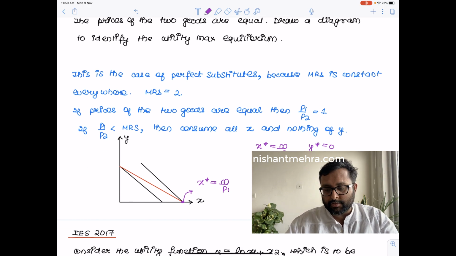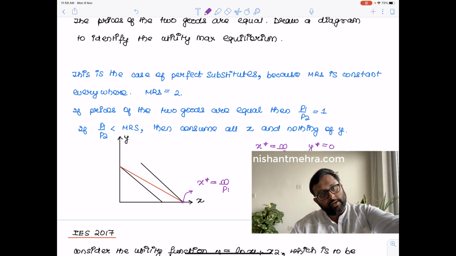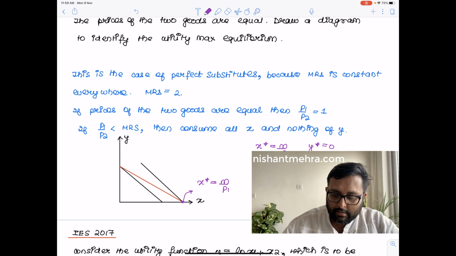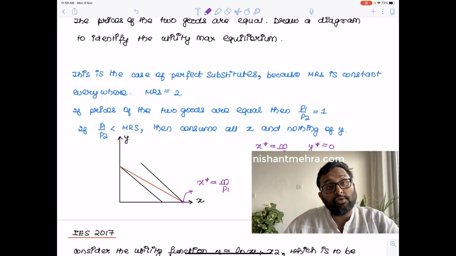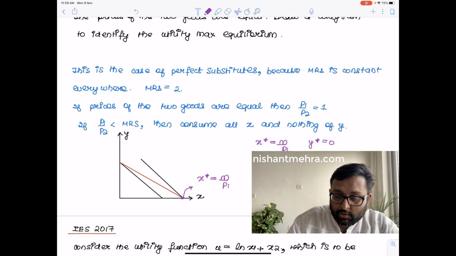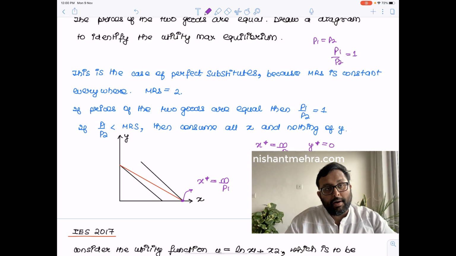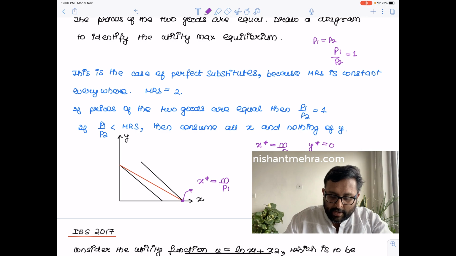And if prices of the two goods are equal, that means P1 equals P2, so P1 by P2 equals 1. MRS is 2 and P1 by P2 is equal to 1.